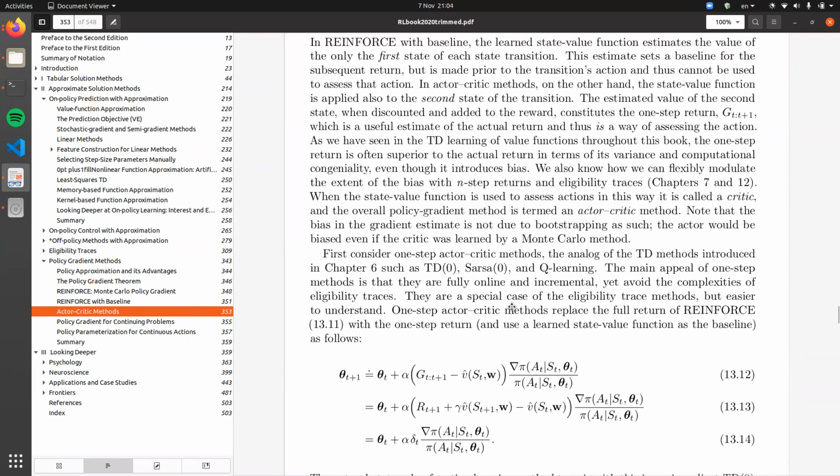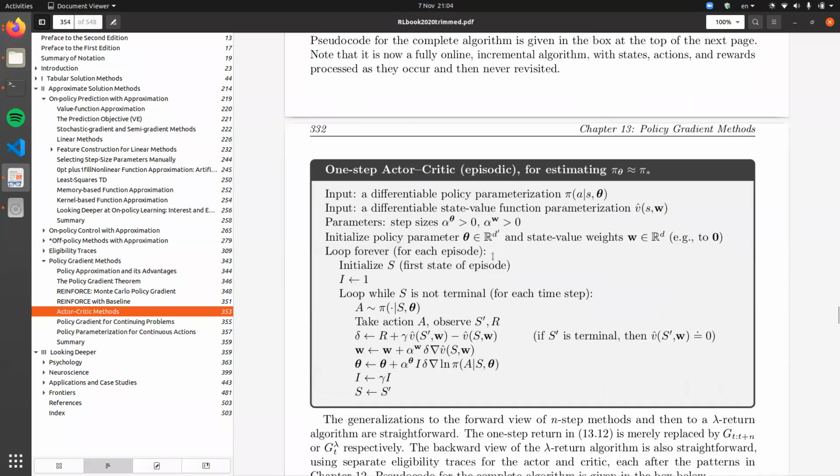Let's just dive into it by going through this one-step actor critic episodic algorithm.